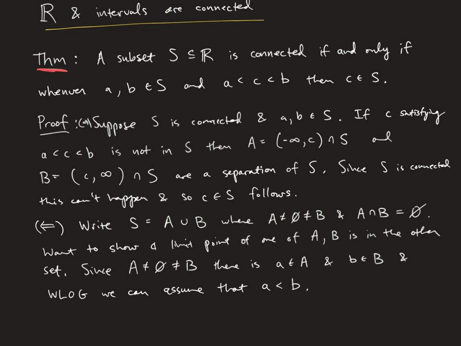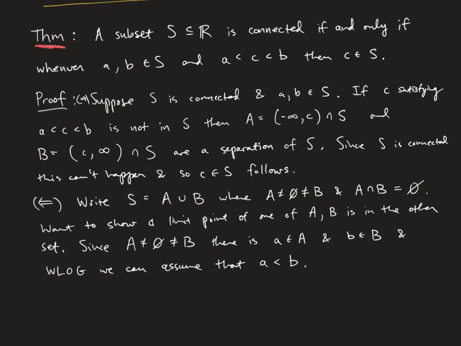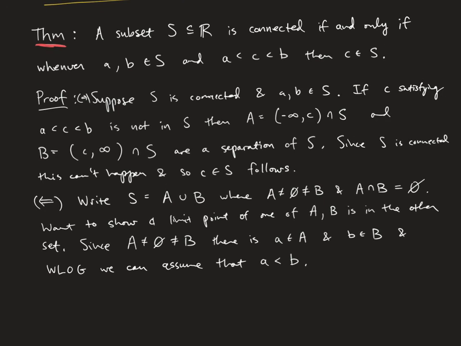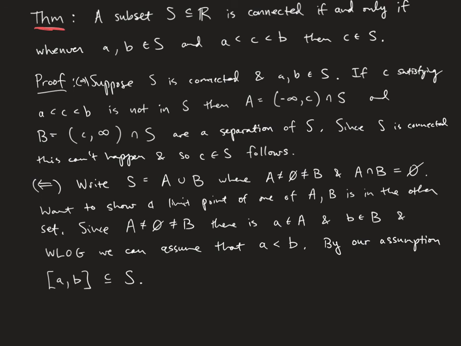One of them is less than the other one, and so we might as well just assume that it's a that is less than b. So by our assumption, the interval from a to b is contained in S. And what we're going to do is just focus on this interval.